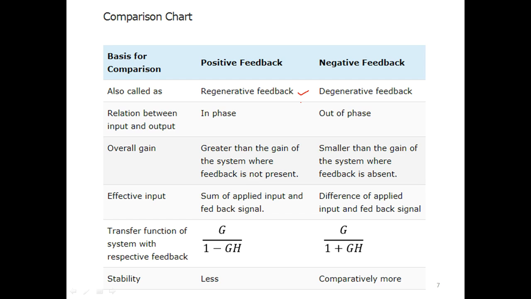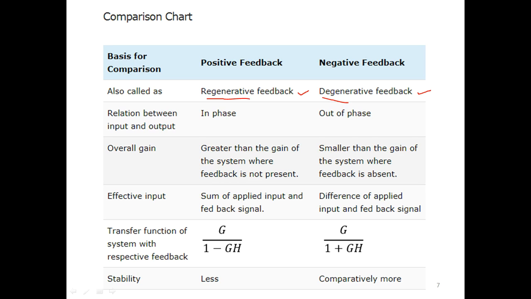The amplitude goes on increasing in the case of positive feedback. Negative feedback is degenerative, which means the strength of the output signal goes on reducing as the number of feedback stages increase.